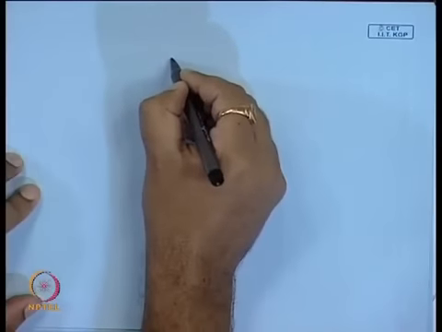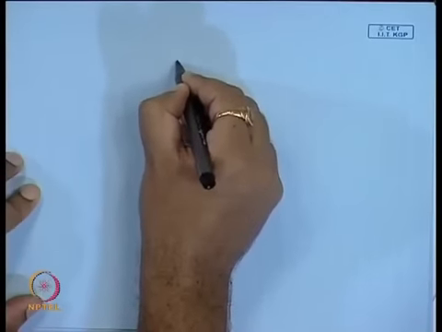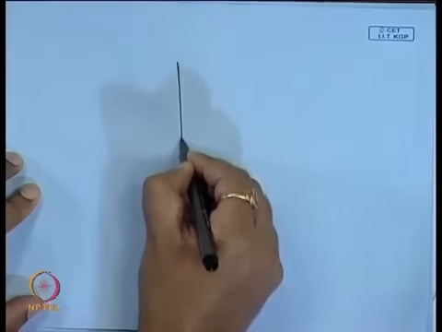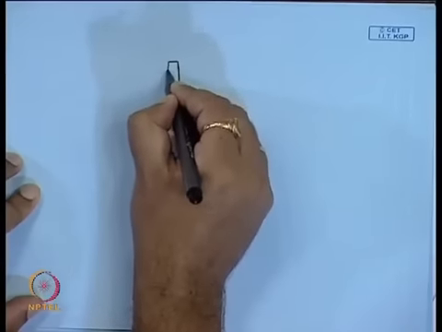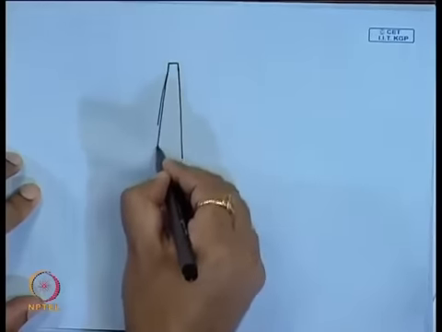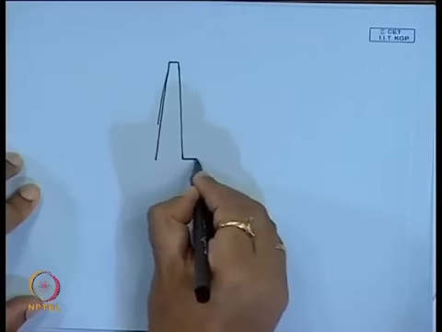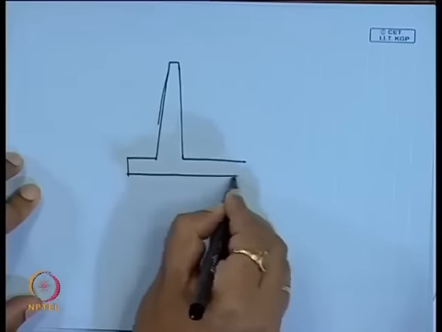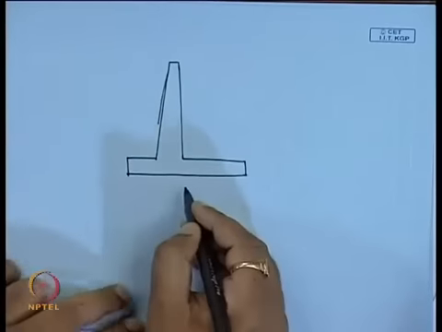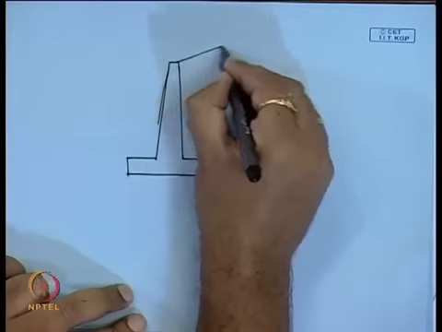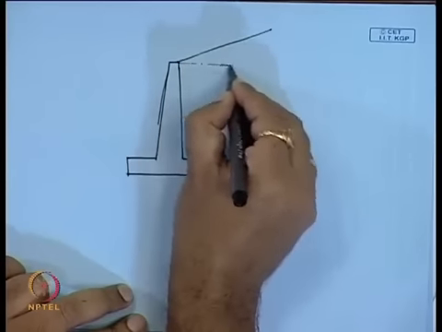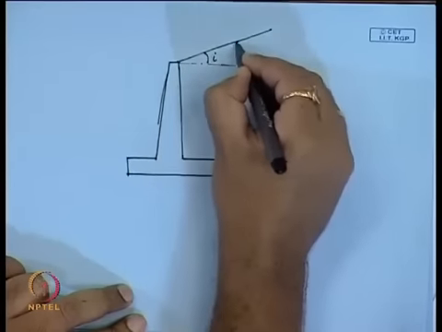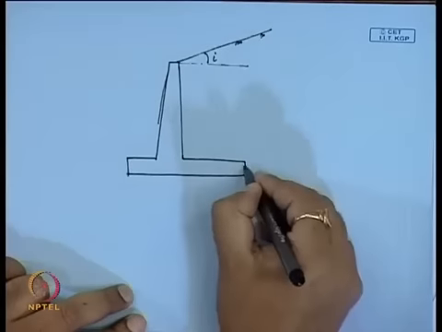Now, if I consider the total free body diagram or the total forces of this type of retaining wall, then this is the vertical portion, so this is the retaining wall, on this angle which is making an angle I. This is the ground surface.